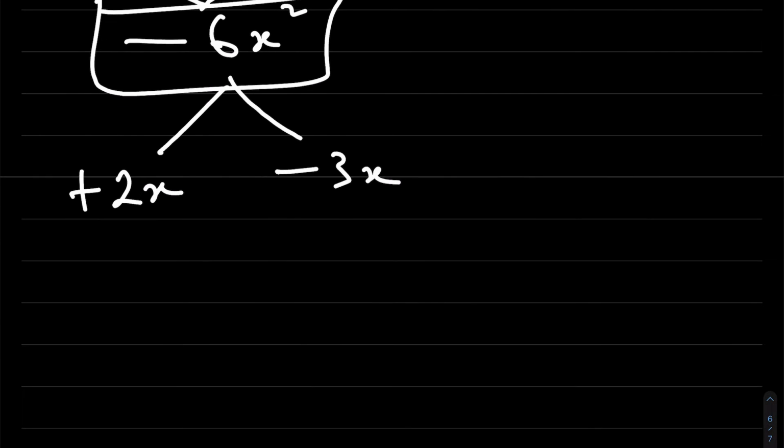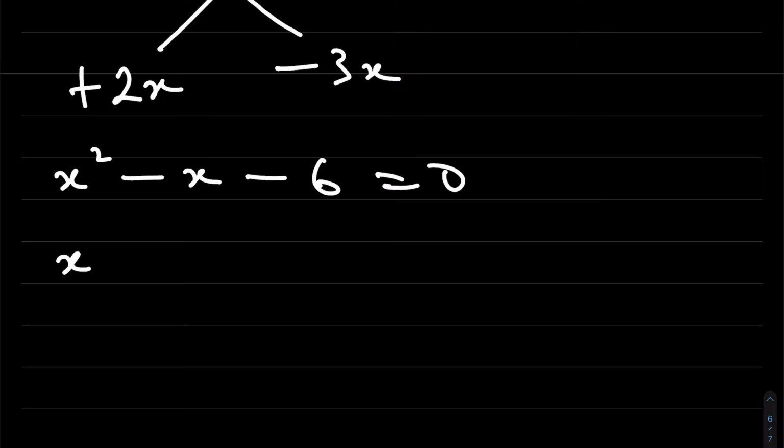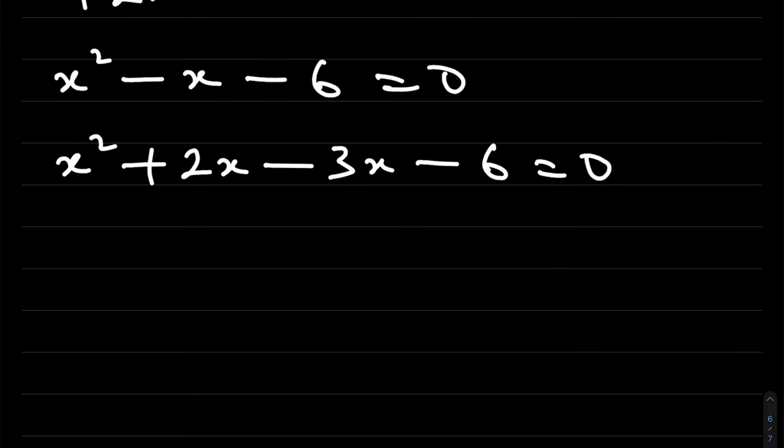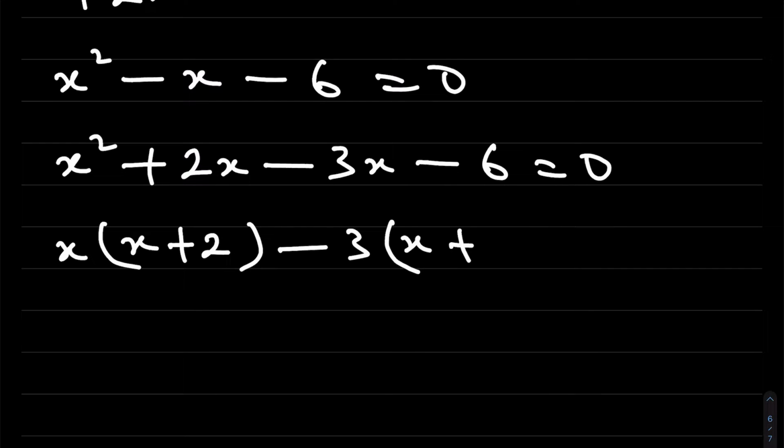That simply means x squared minus x minus 6 equals 0 is the same as x squared plus 2x minus 3x minus 6 equals 0, which means x into bracket x plus 2 minus 3 into bracket x plus 2 equals 0.